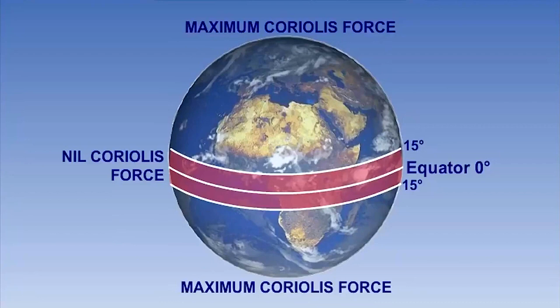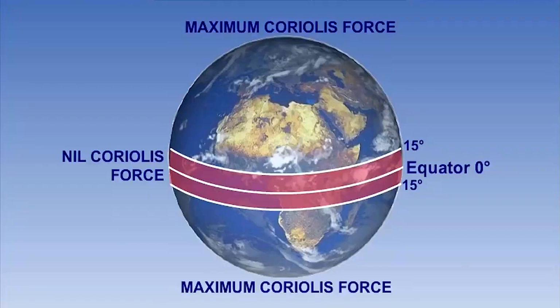But if you remember from earlier, we stated that the two forces of the geostrophic wind must be in balance, namely the pressure gradient force and the Coriolis force. However, we have just learnt that within 15 degrees of either side of the equator there is no Coriolis force. Therefore, there is an imbalance of the forces.